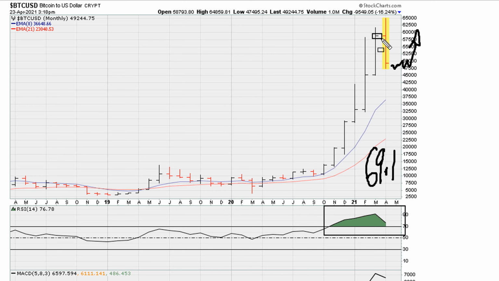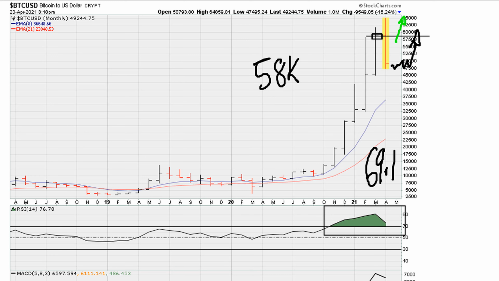Again, it is important to recognize that the monthly needs to hold above RSI 69.1 so that it can stabilize and eventually, potentially, move above this recent monthly closing high. Incidentally, the most recent monthly closing high from the month of March is now the new breakout buy point. Let's call it at about 58K.